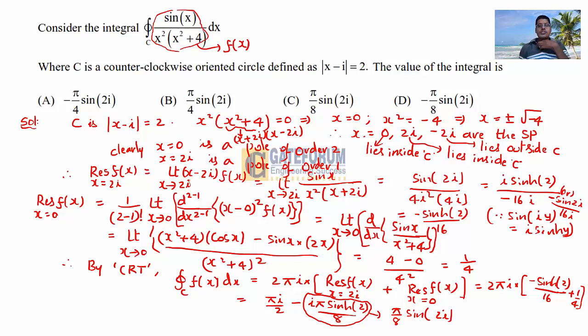So in all options sin 2i is there. There are two options with pi by 8 with minus, but not option D. Here this term is missing. So no option is matching. So marks to all students. So this is the end of the solution.